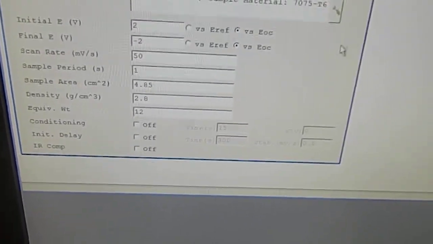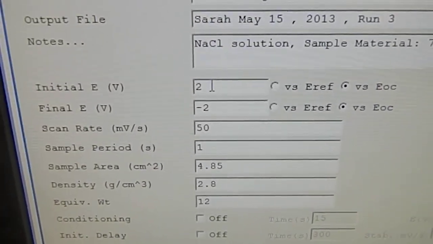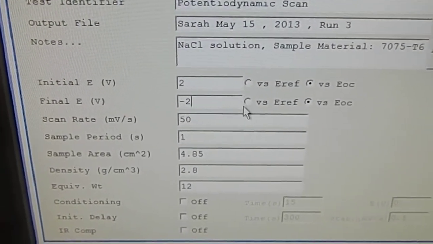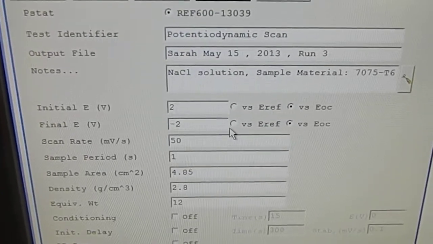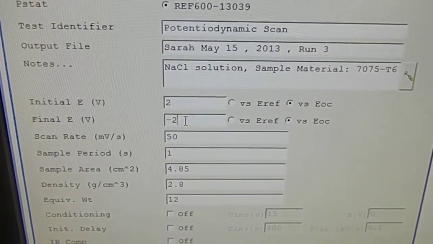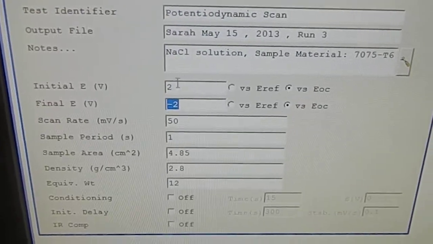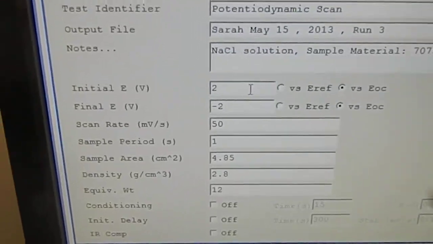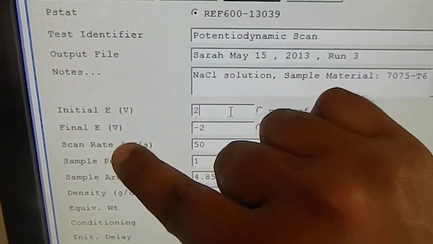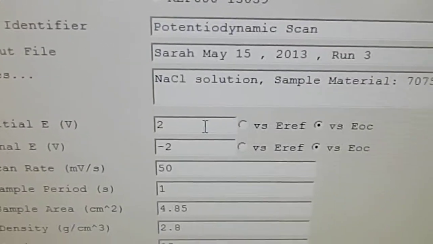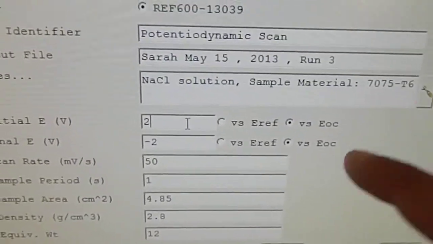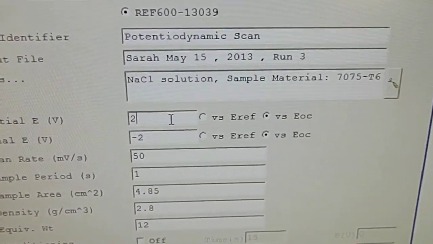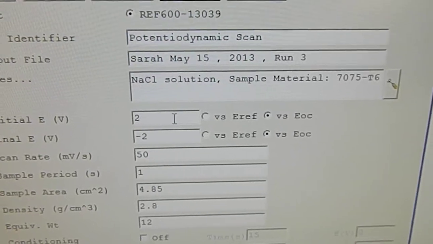It needs some values. So here the initial voltage and final voltage you can choose as you like, and these values will not be exactly followed by the GAMRY, but what will be exactly followed is the volt difference between the initial and final. Suppose your original curve can start at 1.5 volt and finish at negative 2.5 volt.